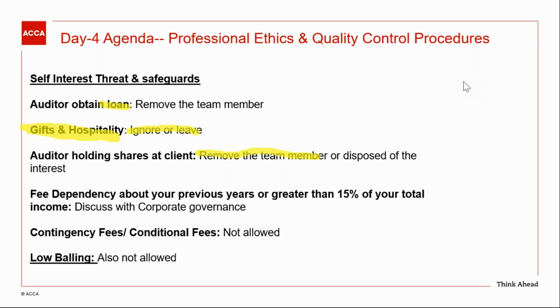What is the example of contingency fees? Contingency fees is another word for conditional fees. Suppose the client means the company whose audit the auditor is going to do.